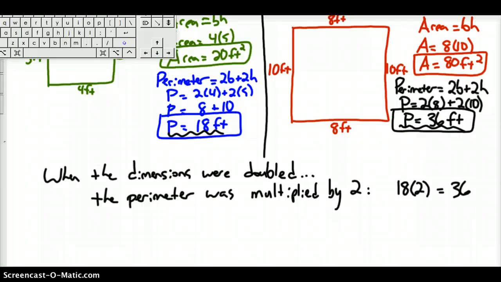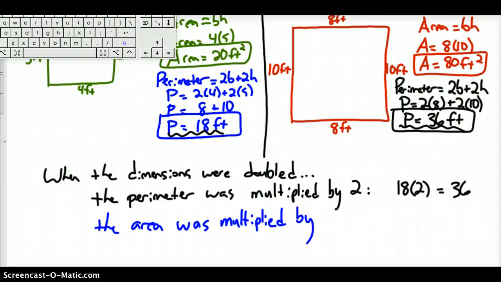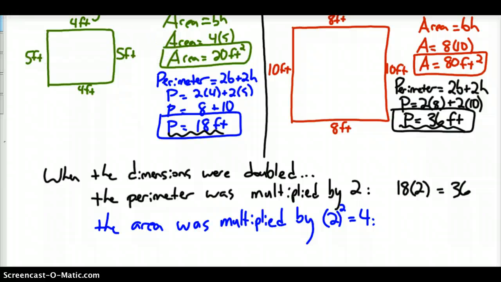36. The area in this case is a little bit different. The area was multiplied by 2 squared, which is the same thing as 4, because the original area was 20, and 20 times 2 squared is 20 times 4, which is equal to 80.